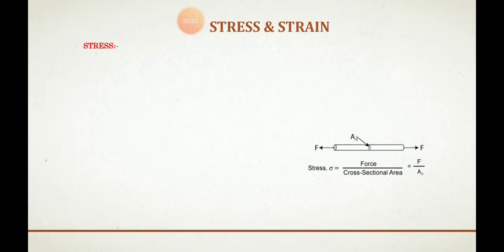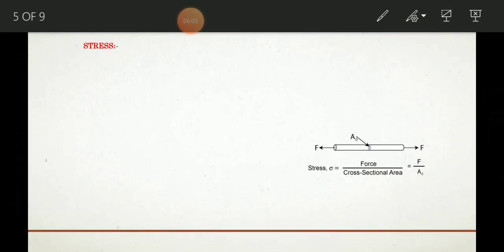In simple language, stress is the internal resistance developed by the material when you apply an external load on it. Stress is nothing but the internal resistance. According to Newton's law, every action has an equal and opposite reaction. That reaction will be developed by the material from the inside. That is what we call stress.